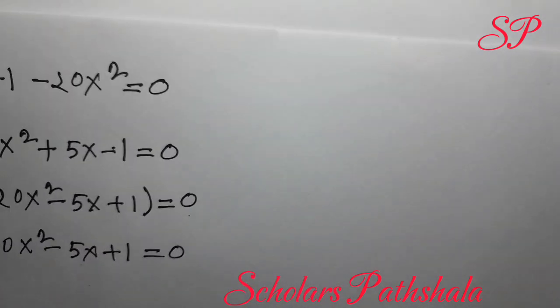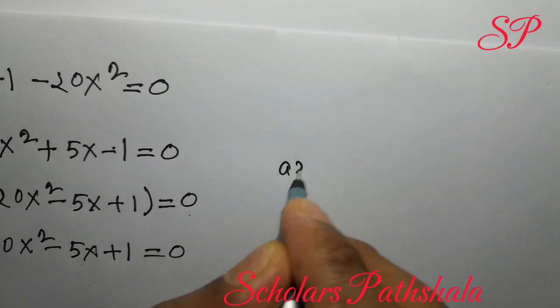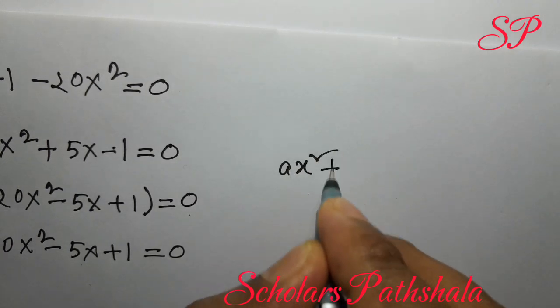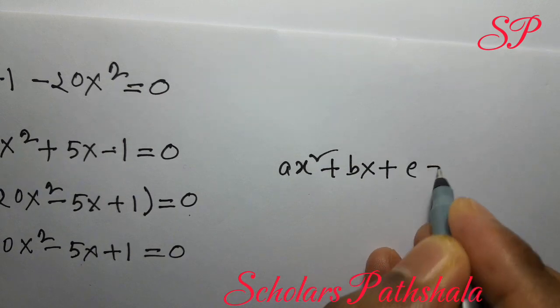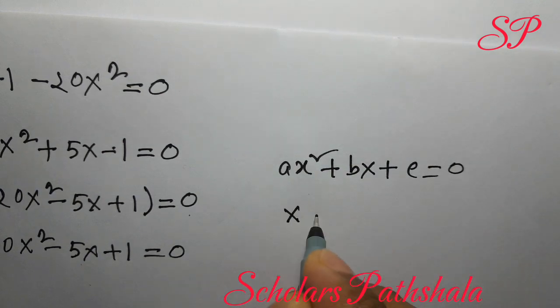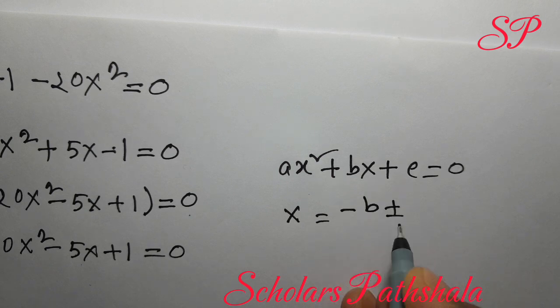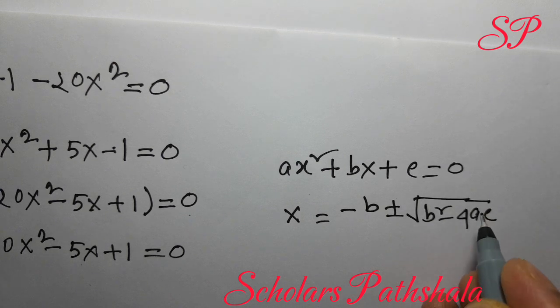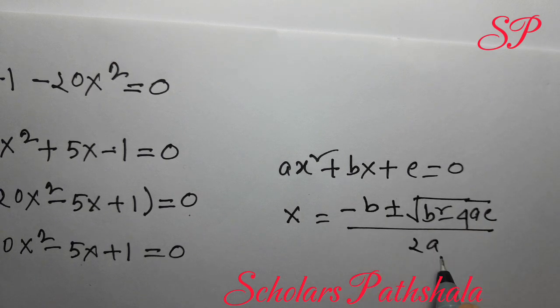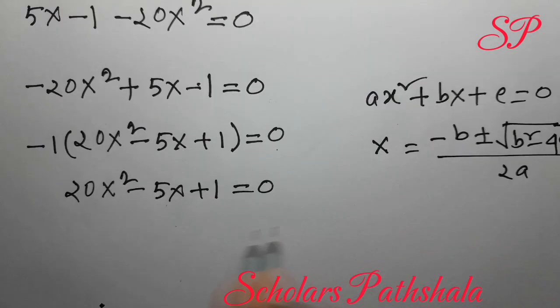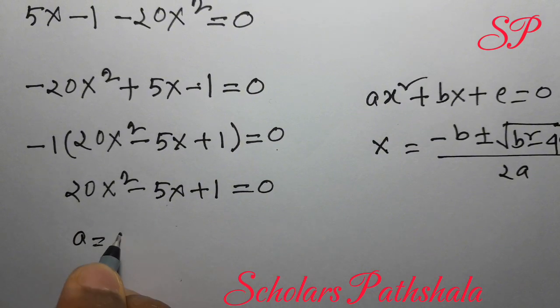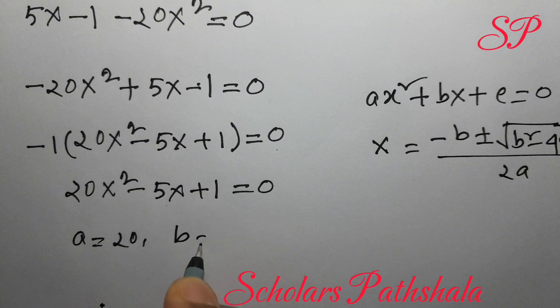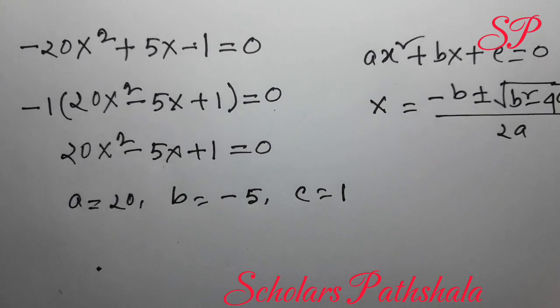Then we note that for a quadratic equation ax square plus bx plus c is equal to 0, x is equal to minus b plus minus root over b square minus 4ac by twice a. Here a is equal to 20 and b is equal to minus 5 and c is equal to 1.